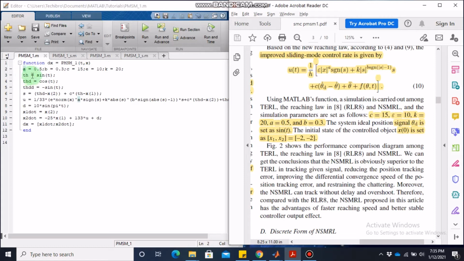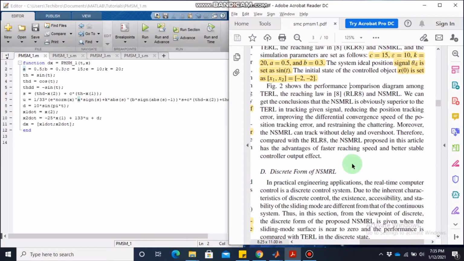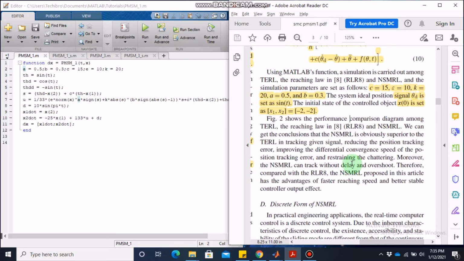This th is the desirable value of theta, which is theta d. They have mentioned it somewhere around here. Yes, theta d is set as sine of t. So this theta d in the paper, which is sine of t, is th in my code. And of course the derivative of sine t is cos t, so the derivative of theta d is cos t, which is right here.